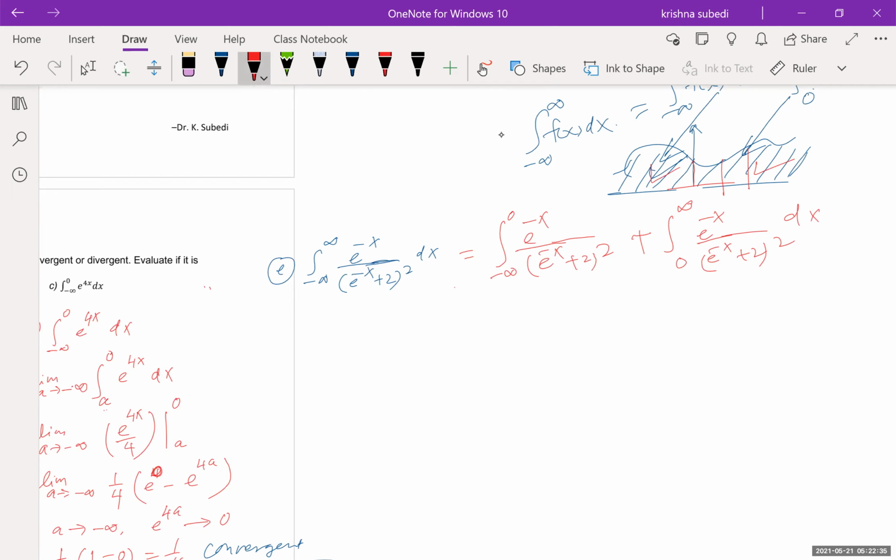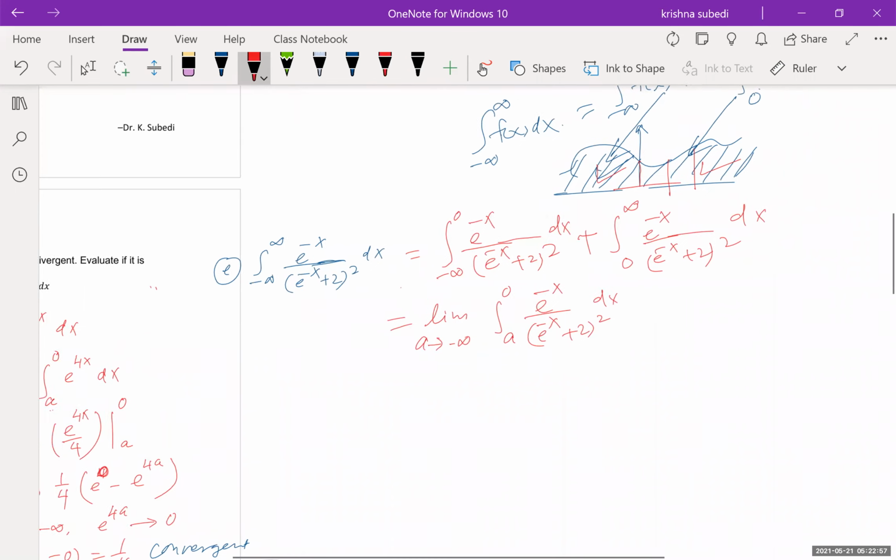Now, in order to make this a definite integral, what you may want to do is take limit a tends to negative infinity, a to 0, of e to the negative x over (e to the negative x plus 2) square dx. Oh, I forgot to write dx there.